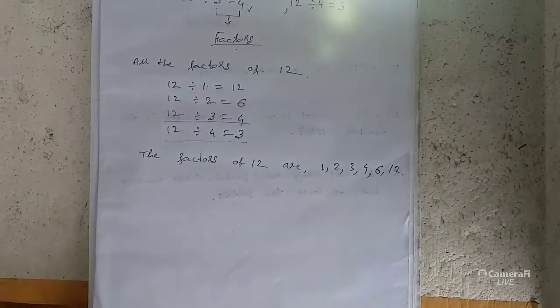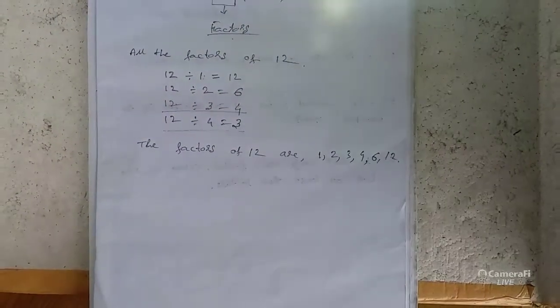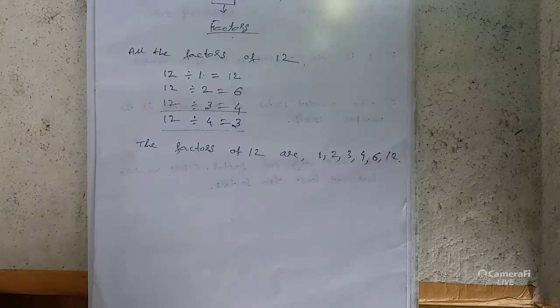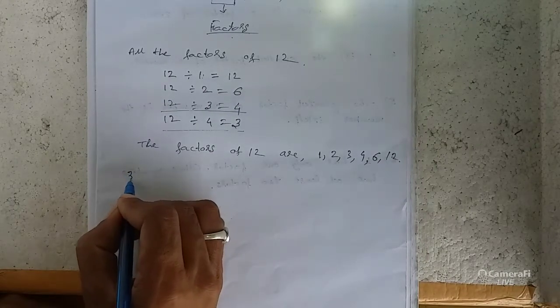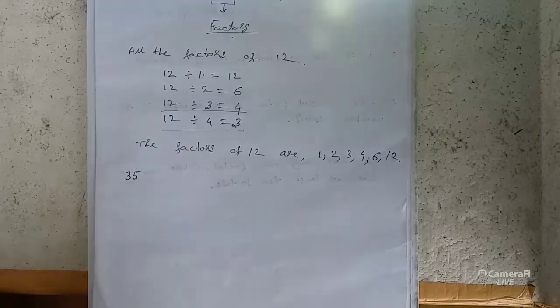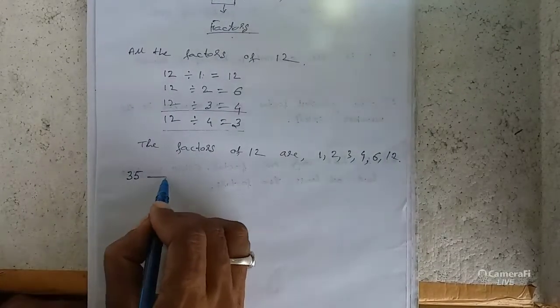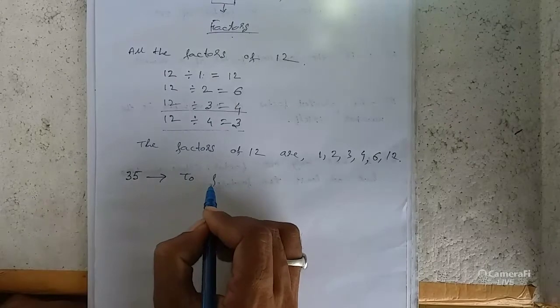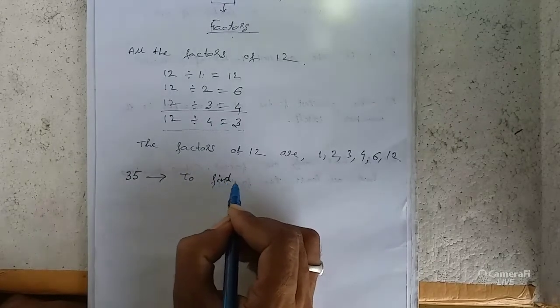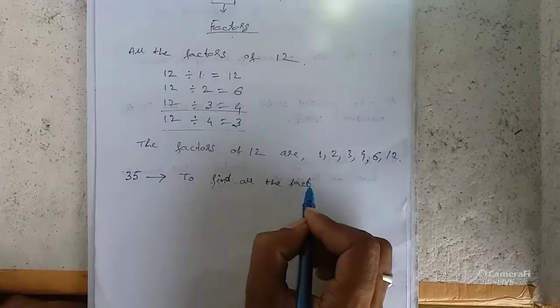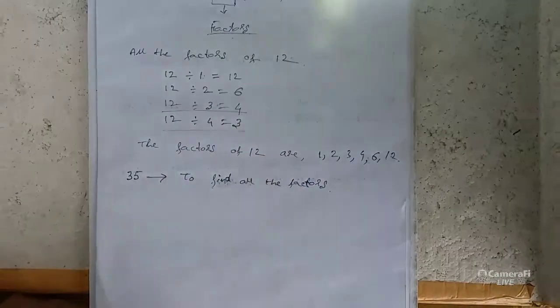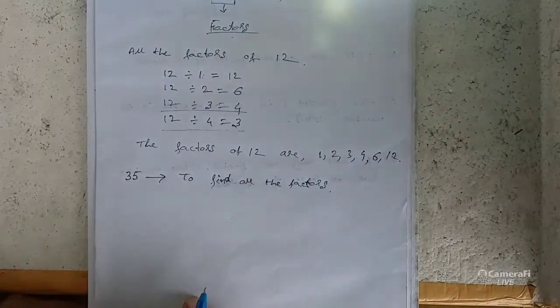Let us find the factors of another number. Suppose the number is 35. We have to find all the factors of 35.